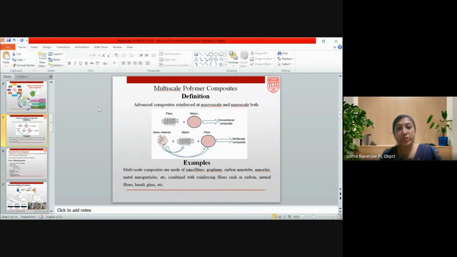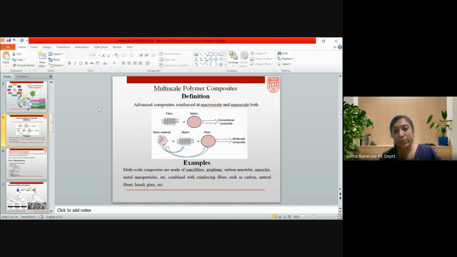In the pictorial representation, we can see a conventional composite will have a matrix material made of polymer, in which there will be some fibers or some reinforcement, which can be either in the macro scale or in the nano scale.